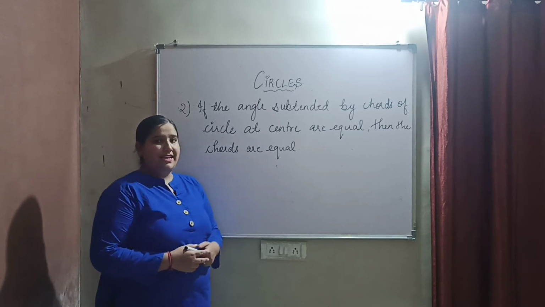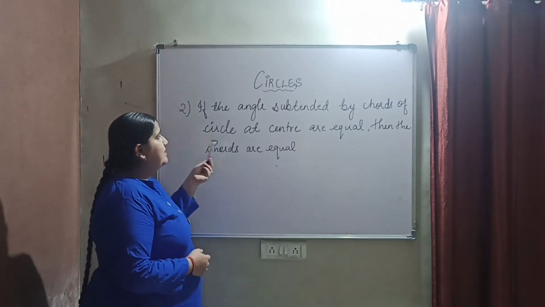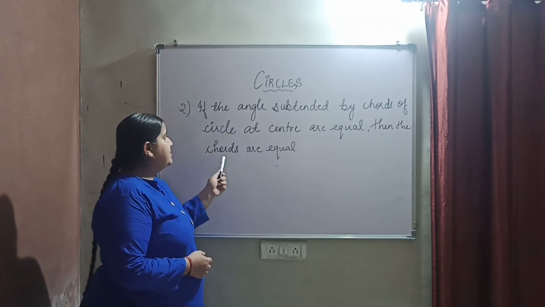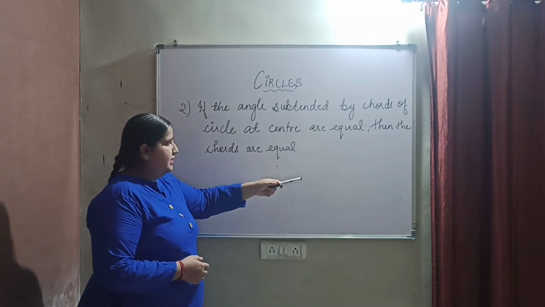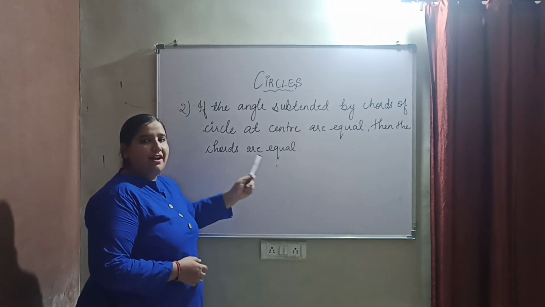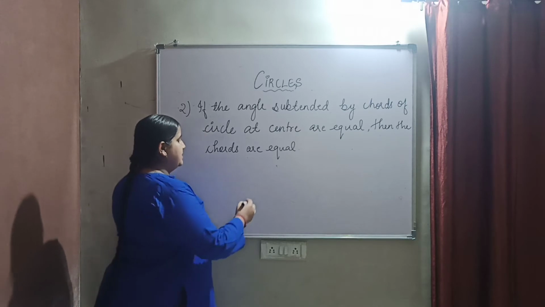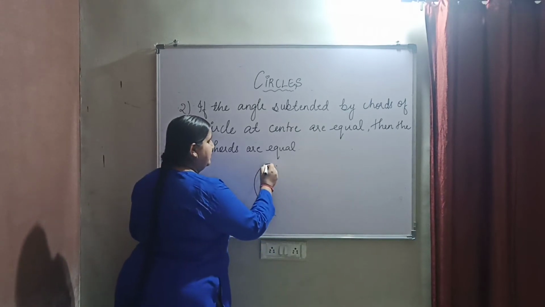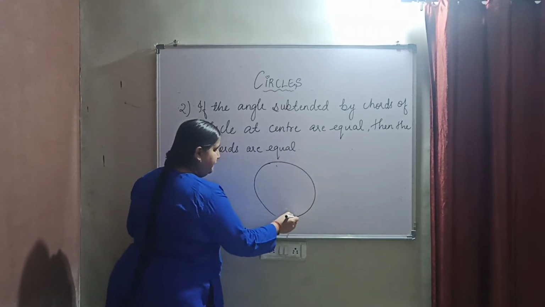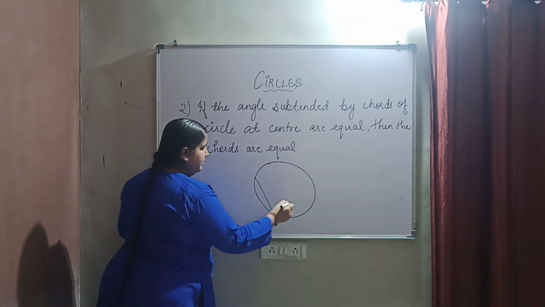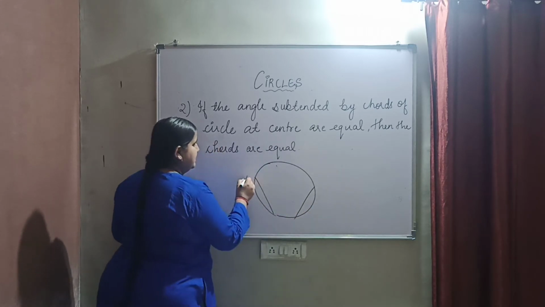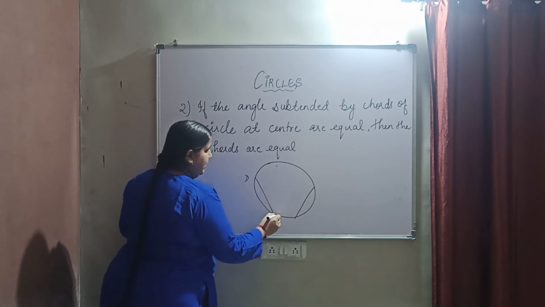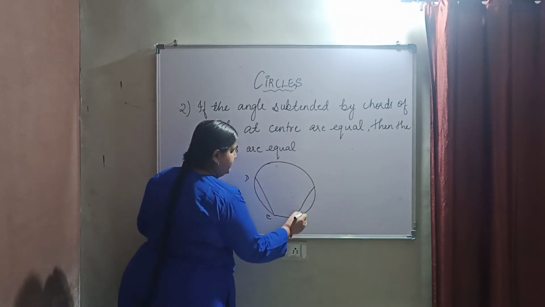Now theorem 2 says that if angles subtended by the chord of a circle at the center are equal, then the chords are equal. Suppose if I have a circle, then if two chords are there, suppose this is DE and this is FG.